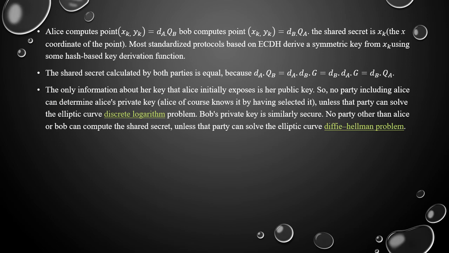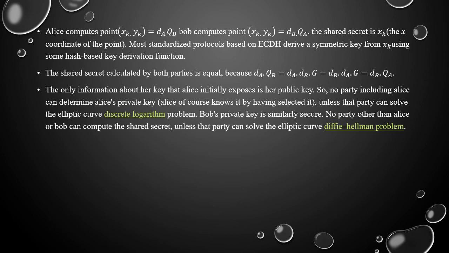This is how xk and yk are computed by Alice and by Bob. The shared key is derived from xk using the hash-based key derivation function.